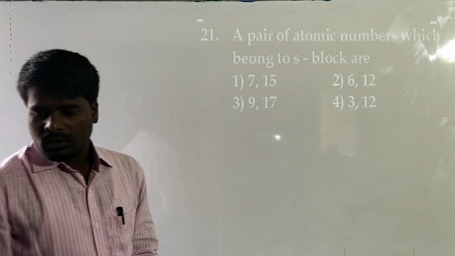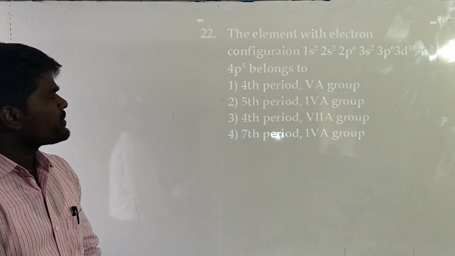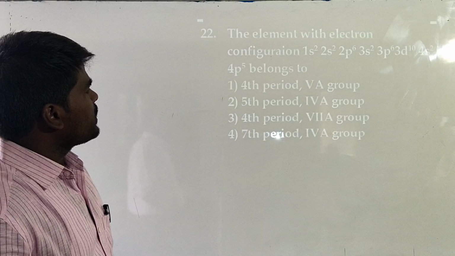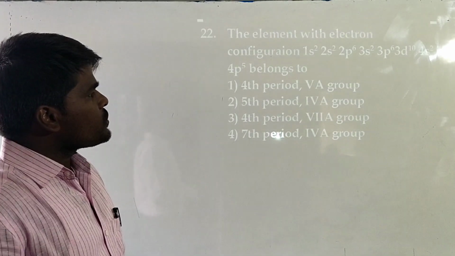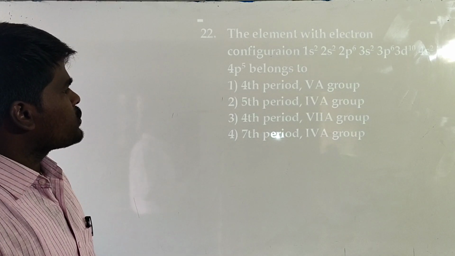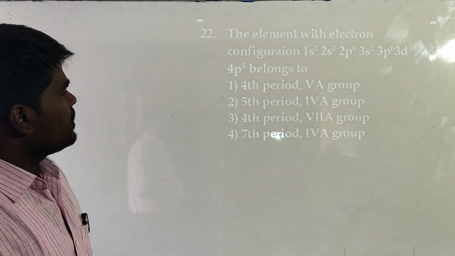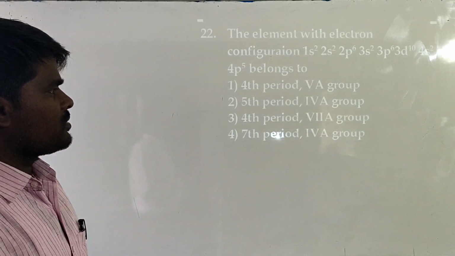Now, let's move to the next question. Here is our next question. The element with electronic configuration 1s2, 2s2, 2p6, 3s2, 3p6, 3d10, 4s2 and 4p5 belongs to. Here the question is asking to which period and to which group it belongs.